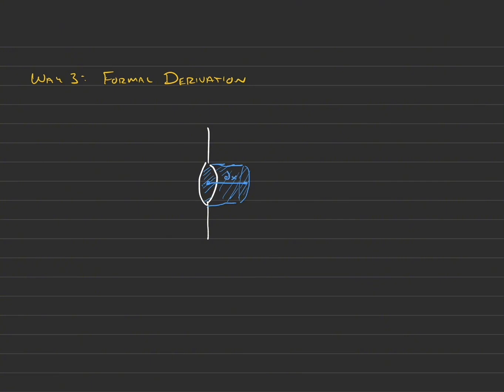But the pressure of that volume is not a function of dx. That pressure is constant. There is no function of pressure across that dx. It's because really, again, the x of analysis is not changing.